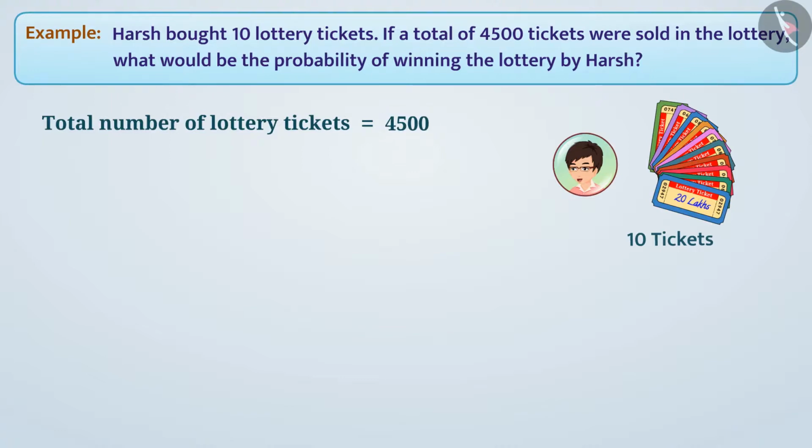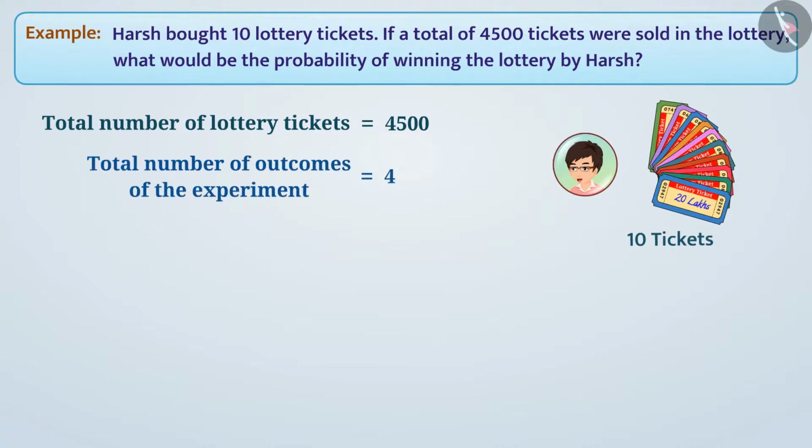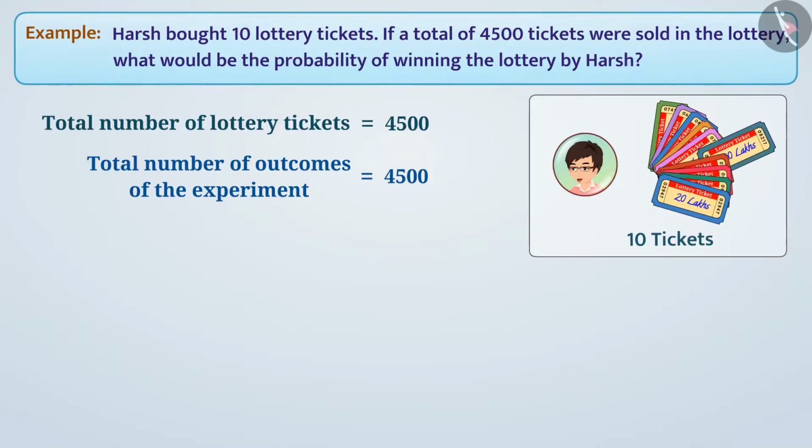We can say that the total number of outcomes of the experiment is 4,500. Of these, Harsh has bought 10 tickets. In this way, Harsh can win the lottery if one of the 10 tickets is selected. So, there are 10 favorable outcomes for the event of winning the lottery by Harsh.